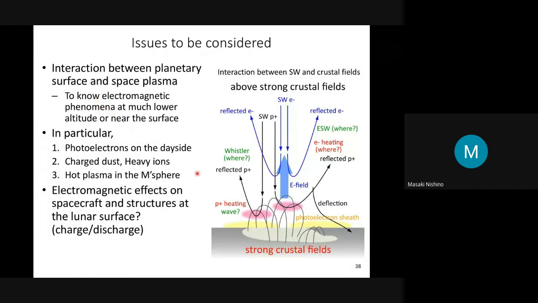I guess the lowest altitude of the Kaguya spacecraft above the strong crustal magnetic field was 20 kilometers. But actually, something takes place below the orbit, about 5 kilometers or 10 kilometers altitude or something like that. Anyway, low altitude measurement is necessary to understand what is going on at the crustal magnetic field.